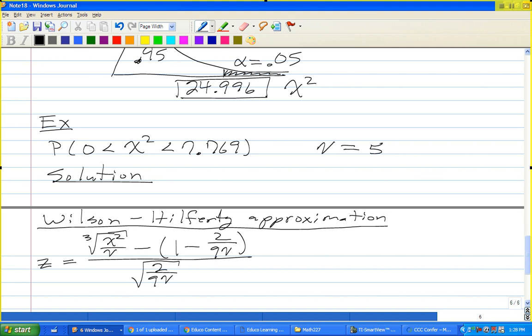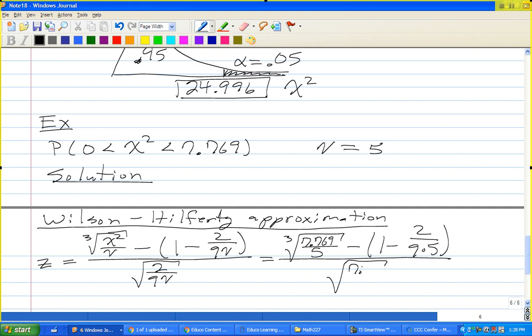Okay, so let's plug in. Cube root of chi squared is 7.769 from here. Degrees of freedom was 5. 1 minus 2 over 9 times 5, over the square root of, oops, you don't put the chi-squared there.